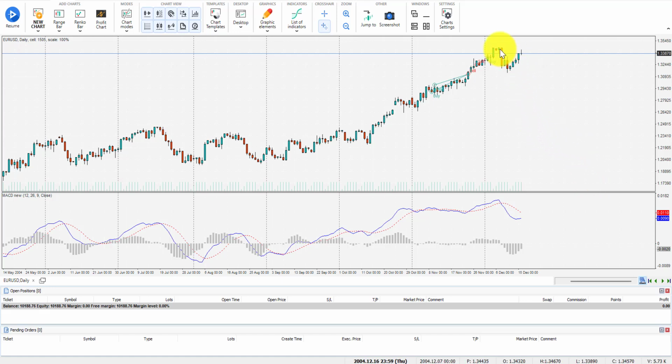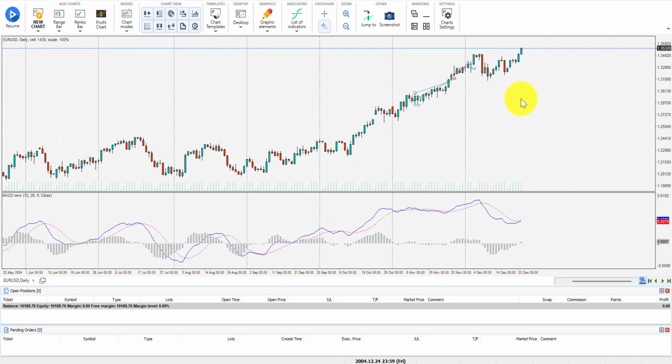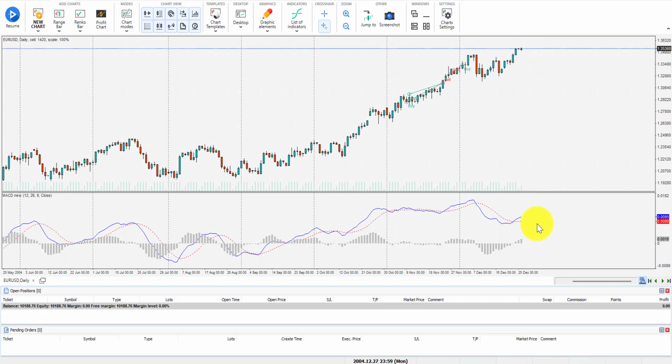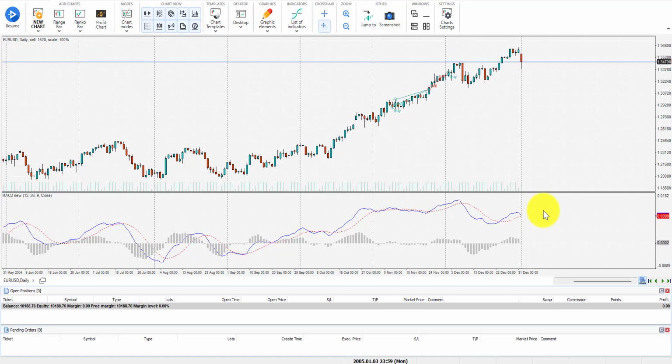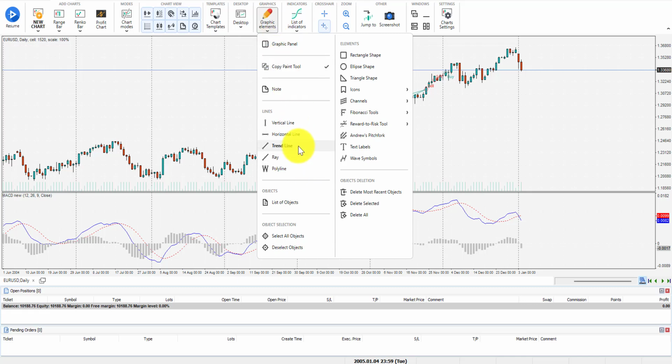So do we get a higher peak here on price but lower on the MACD? That's the question. Yes, we have a higher peak here on price, and let's see if we roll over and make a lower one on this. No, we're not going to. Okay, let me draw the line here.